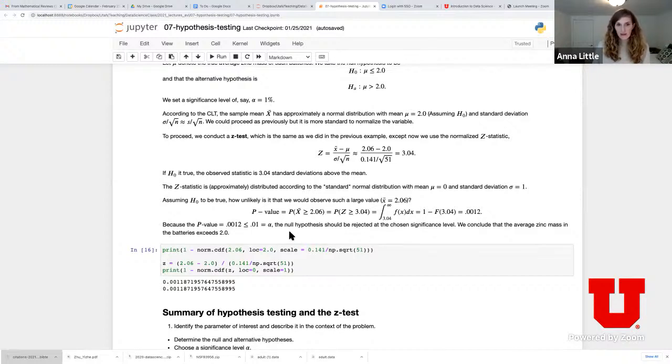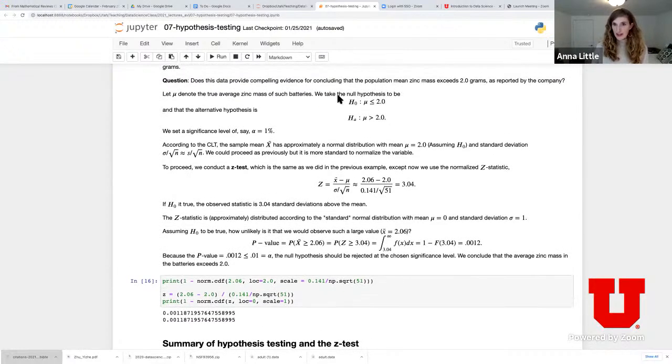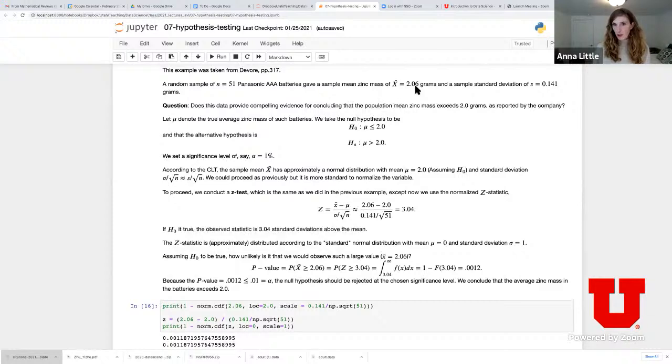So because this p-value is so small, smaller than alpha, again, we reject the null hypothesis. We conclude evidence for the alternate hypothesis. So there's pretty strong evidence that the mean really is greater than 2. Which is kind of interesting because what you observed in that data set, 2.06, doesn't seem that much bigger than 2.